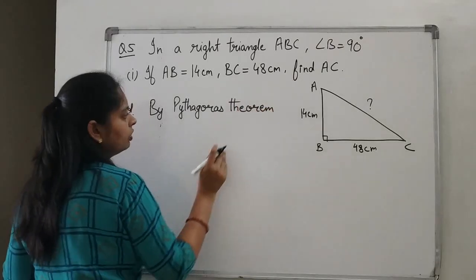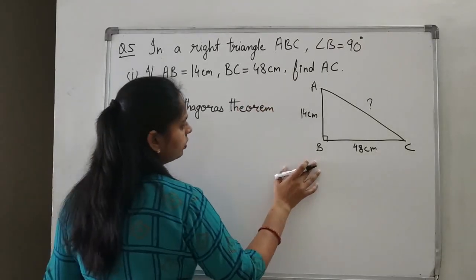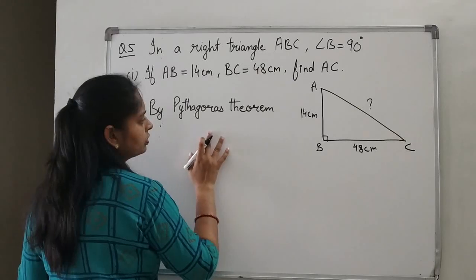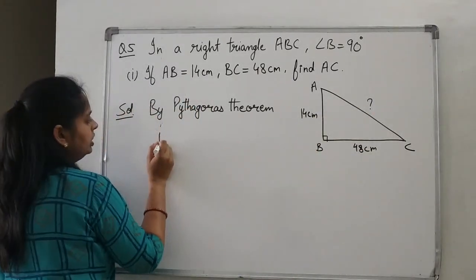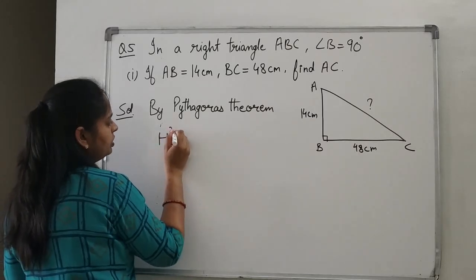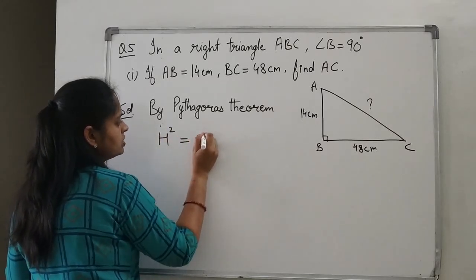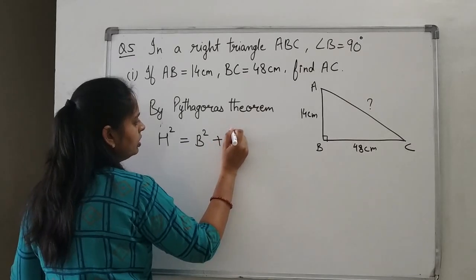Pythagoras theorem is always applied on right angle triangle only. What is the Pythagoras theorem saying? Hypotenuse square is equal to base square plus perpendicular square.